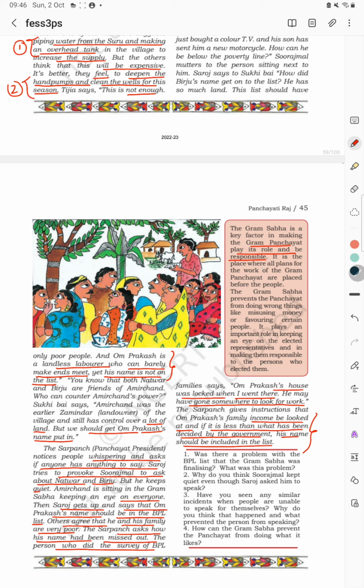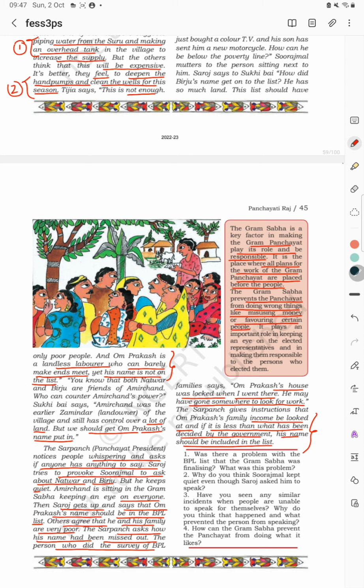It is the place where all plans for the work of the Gram Panchayat are placed before the people. As we have seen, the Panchayat president places agendas one by one before the members of Gram Sabha and gets their approval. So Gram Sabha prevents the Panchayat from doing wrong things like misusing money or favoring certain people.